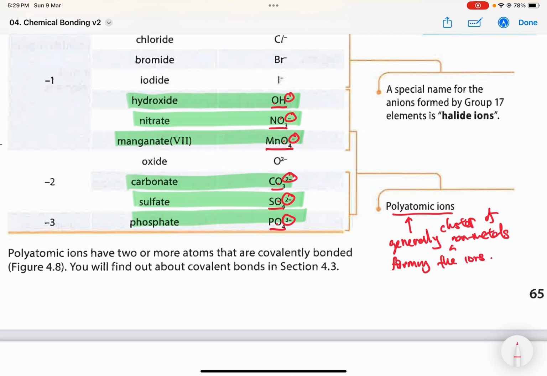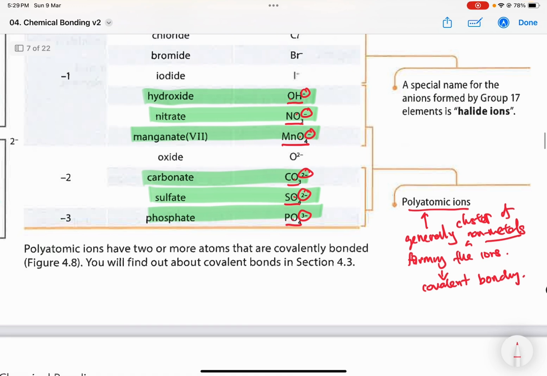And because it's a cluster of nonmetals forming the ions, these nonmetals actually would have covalent bonding in them. So just take note, a lot of O-level questions or even prelim papers, they tend to like to test you which substance or compound have both ionic and covalent bonding in them.